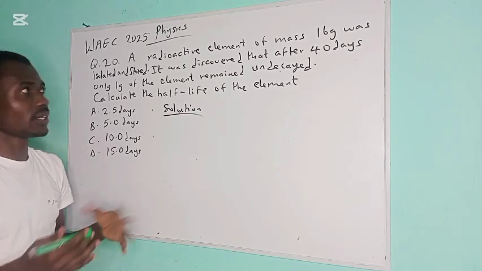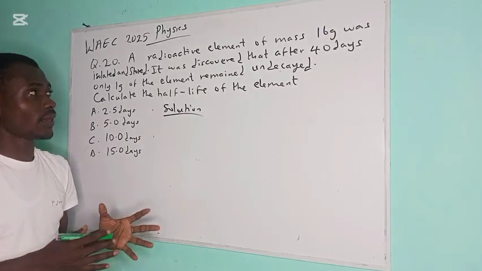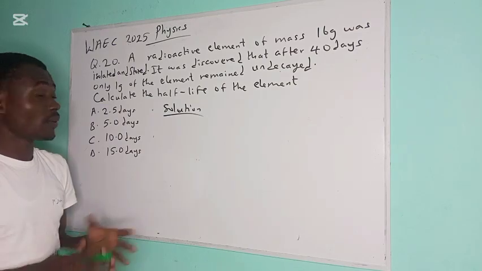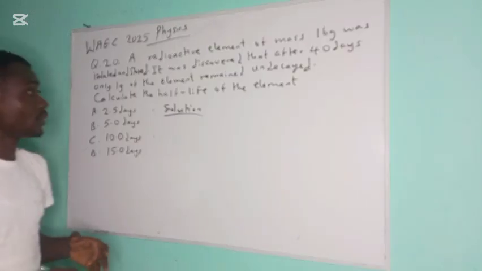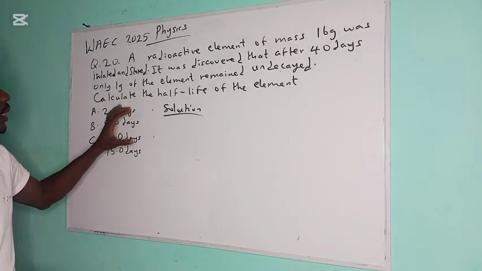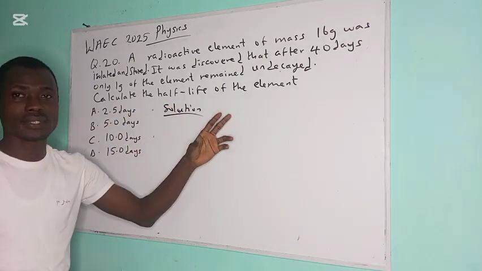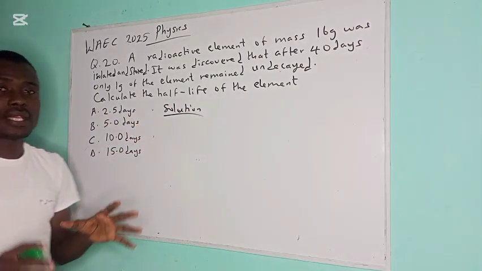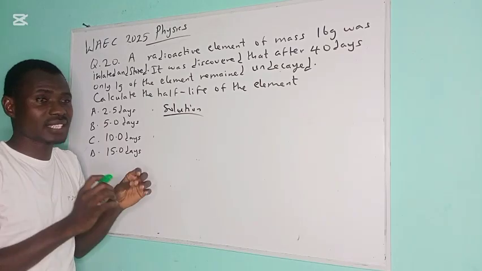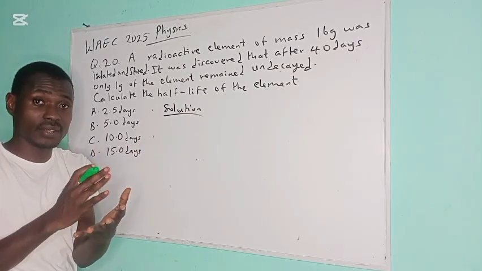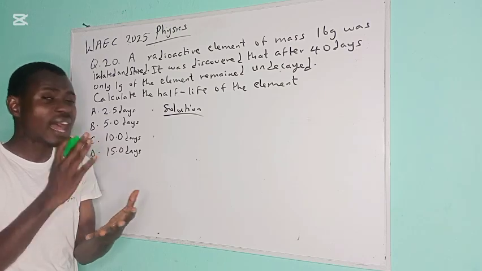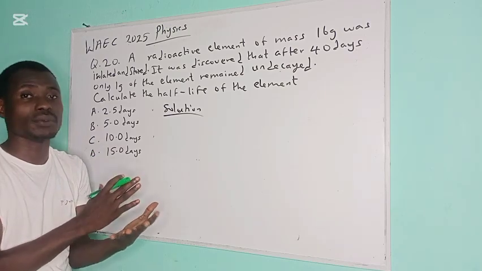Examples of radioactive elements that undergo this decay are carbon-14 and uranium-234. The half-life is the time it takes for these elements to decay or disintegrate by half of the original value.